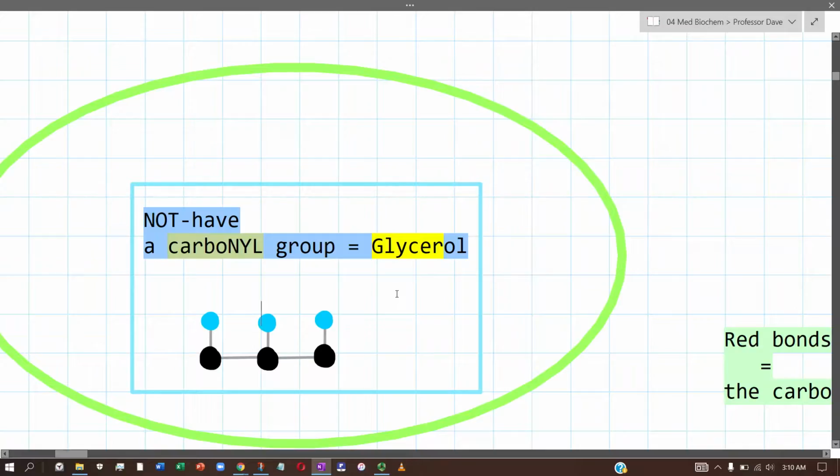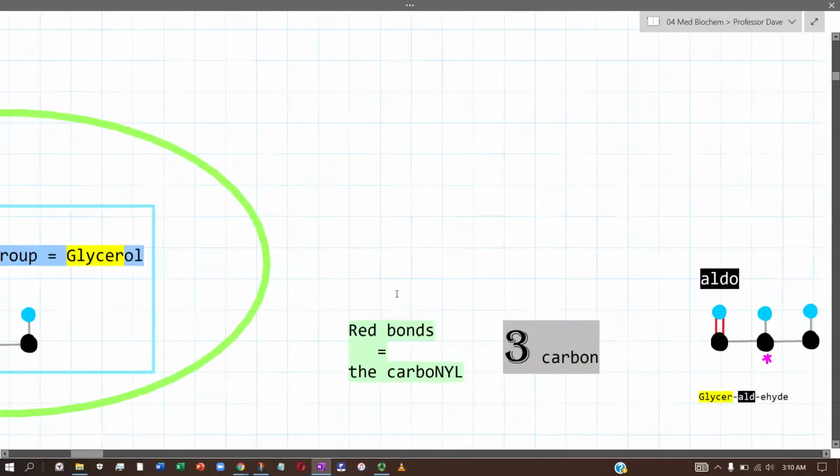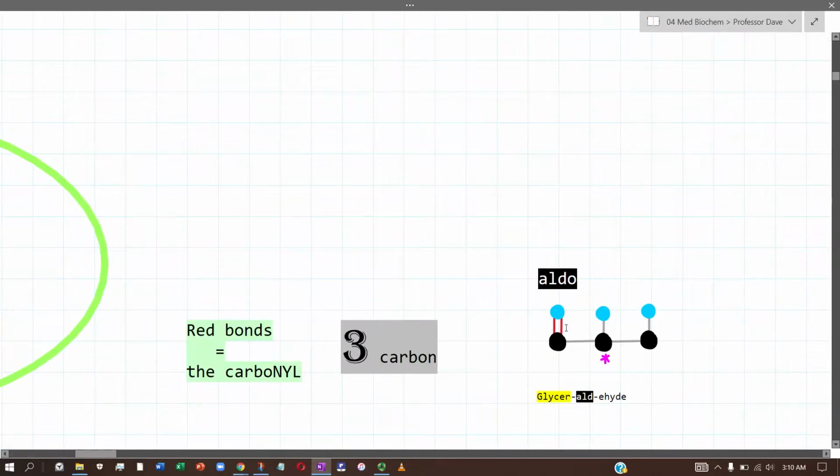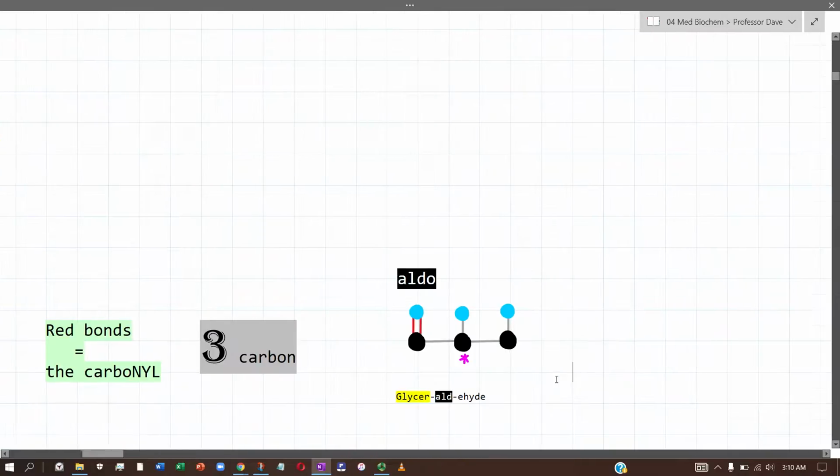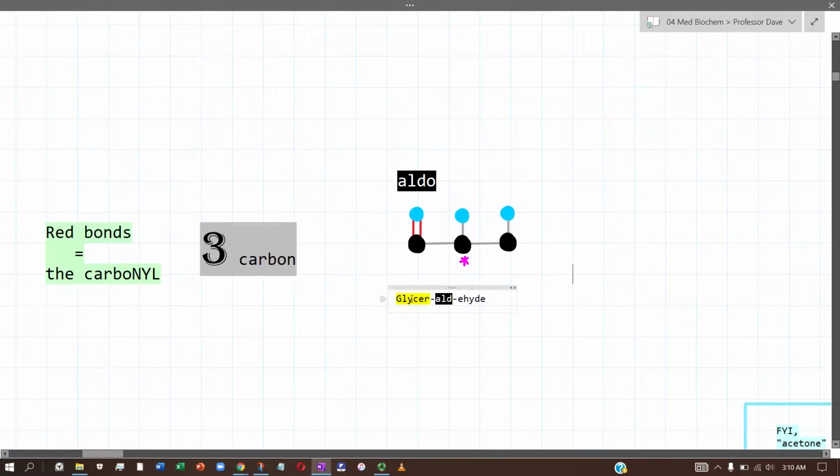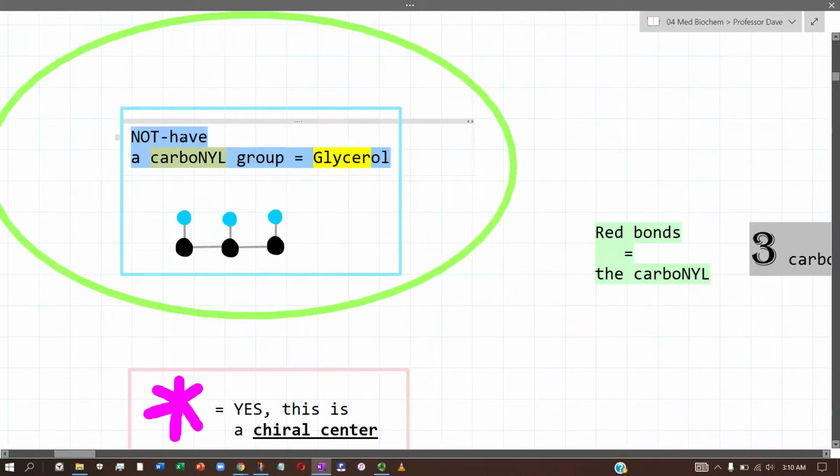So if you take a glycerol and then add a carbonyl group to it, that's when you start getting into the realm of sugars. So the name here, as you might expect, or as you might remember, is glyceraldehyde, in reference to glycerol.